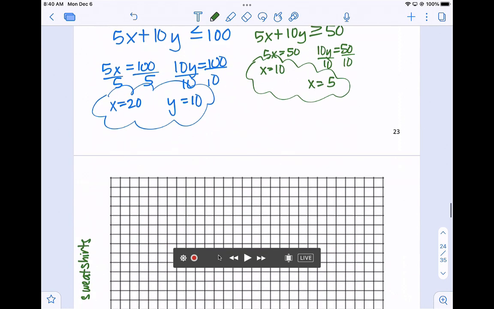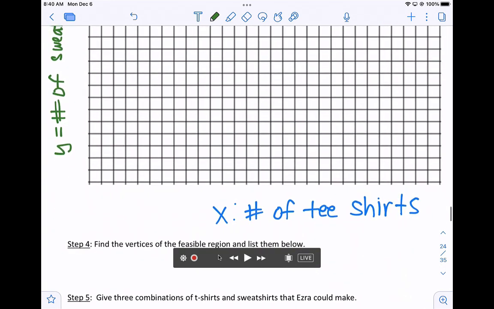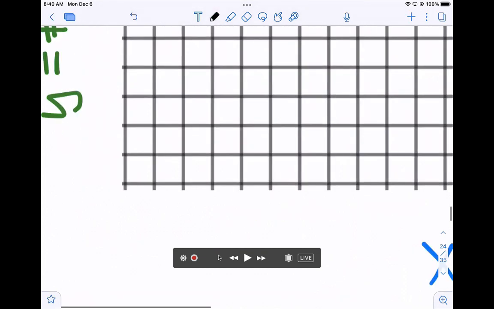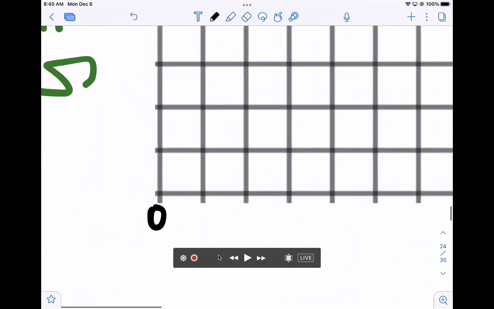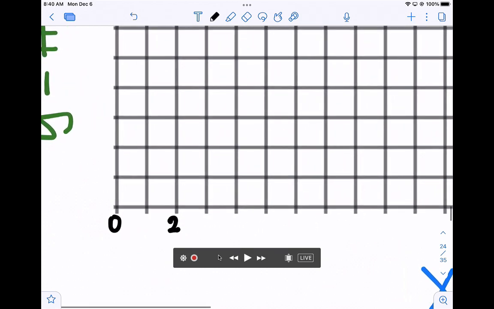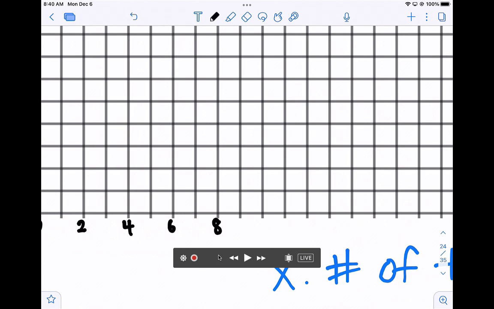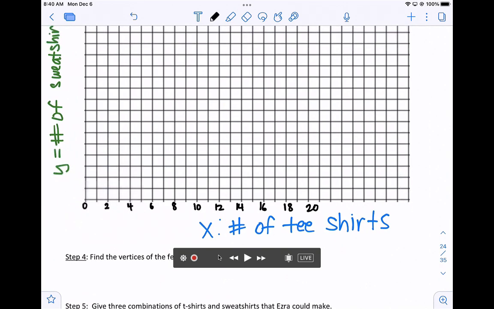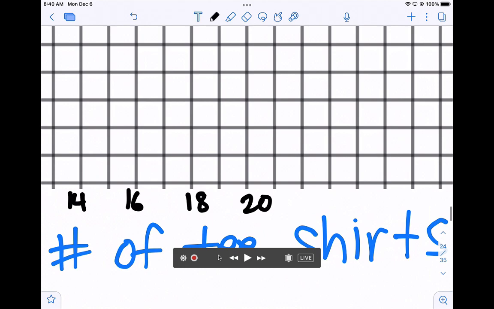The biggest x is only 20, so I think we can even count by ones because there's 20 boxes here. So when we scale it, I'll make this 0, and I'll just count by 2's. So 2, 4, 6, 8. It is going up by ones, but I'm just writing every second number. 10, 12, 14, 16, 18, 20. Perfect. And we can keep going. 22, and so on.